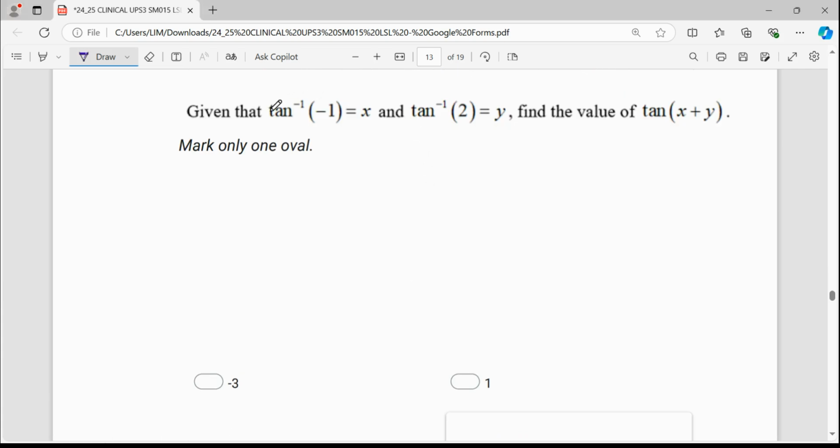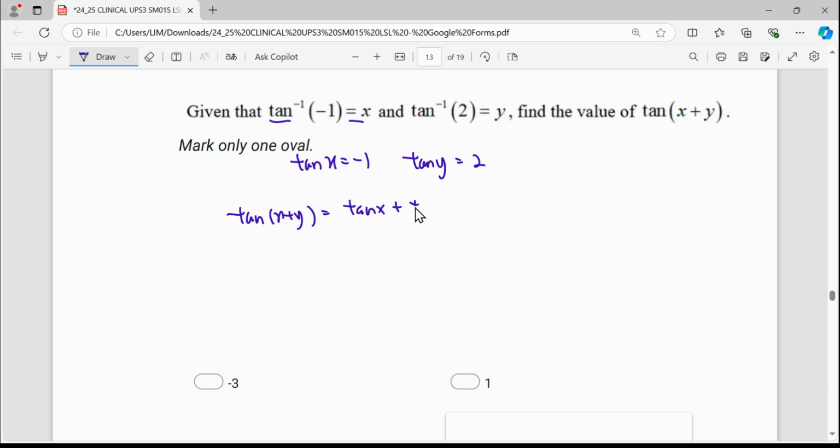So given that shift tangent negative 1 is x, shift tangent 2 is y. Actually this one, we have to rewrite it. It's supposed to be tangent x equals negative 1, tangent y equals 2. To find tangent of x plus y, we use the compound angle formula.